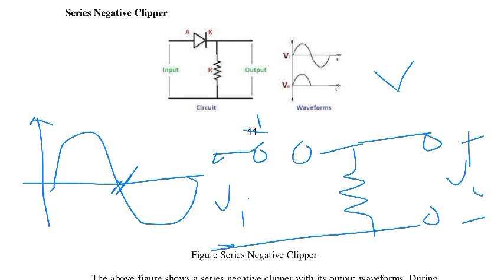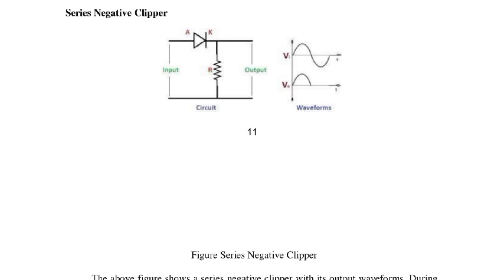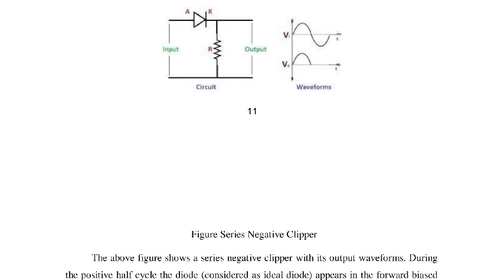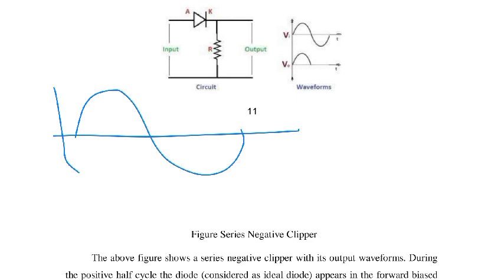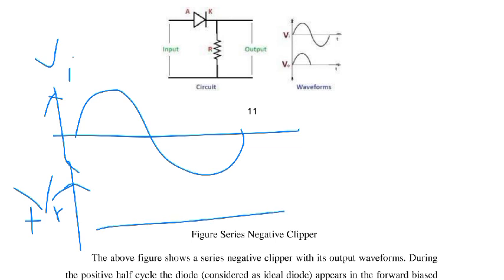So we can see the overall output of this circuit. This is the input waveform and this is the output waveform. During the positive half, because the diode is forward biased, the output follows the input up to here.